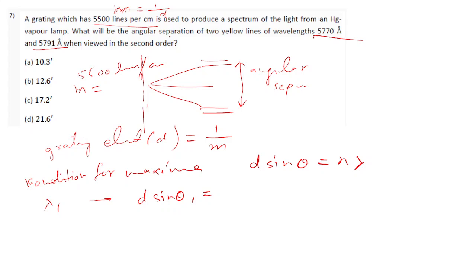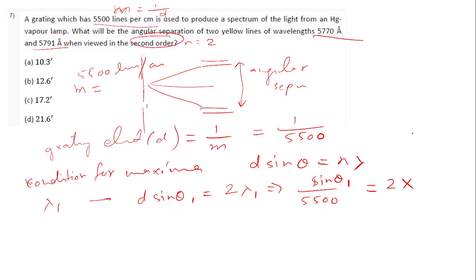Now what is n? We are talking about second order, that means n is equal to 2. So 2 lambda 1, where d is the grating element, d is 1 over m, which is 1 over 5500, and sine theta 1 we don't know right now, and 2 times lambda 1.